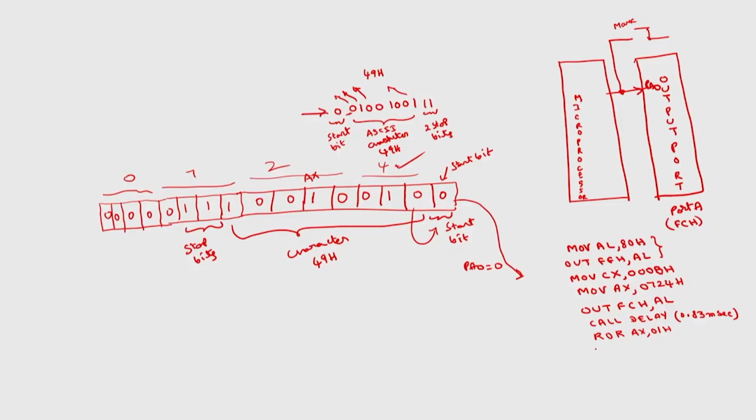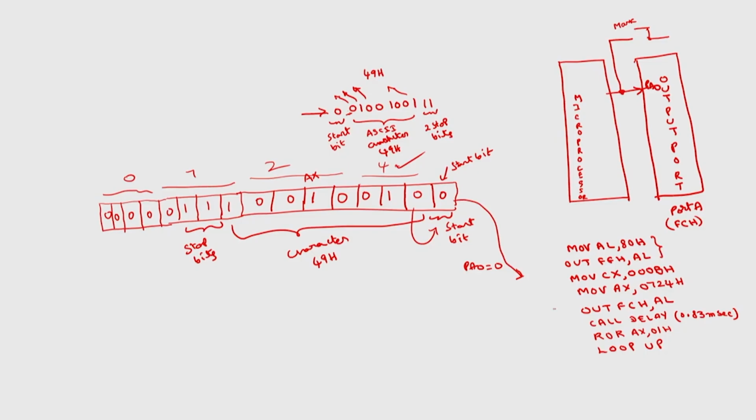Then I will decrement CX because I have already transmitted 1 bit. So, for that, loop up. In this loop CX will be decremented until CX is equal to 0, otherwise it will branch to the address with the label up. So, where should this up be now? Up should be out FCH comma AL.